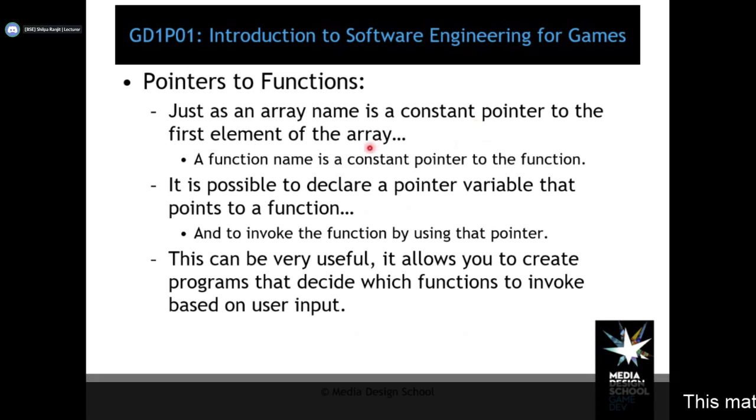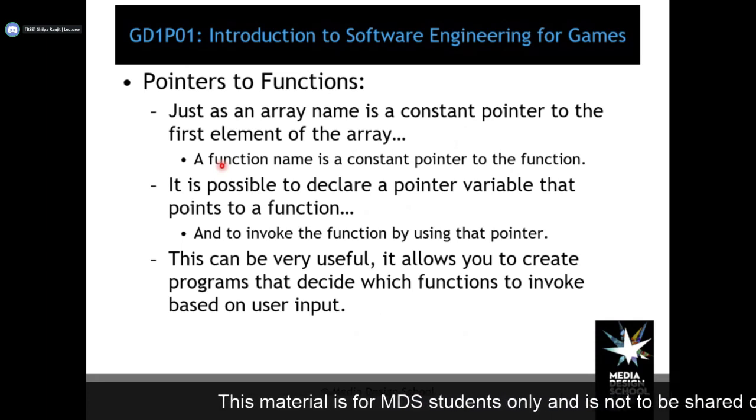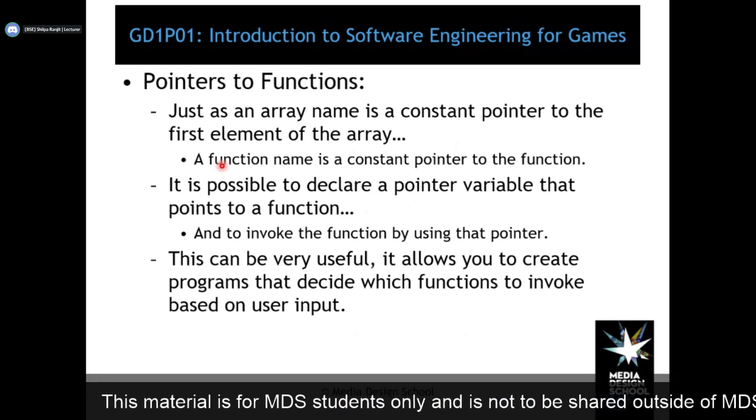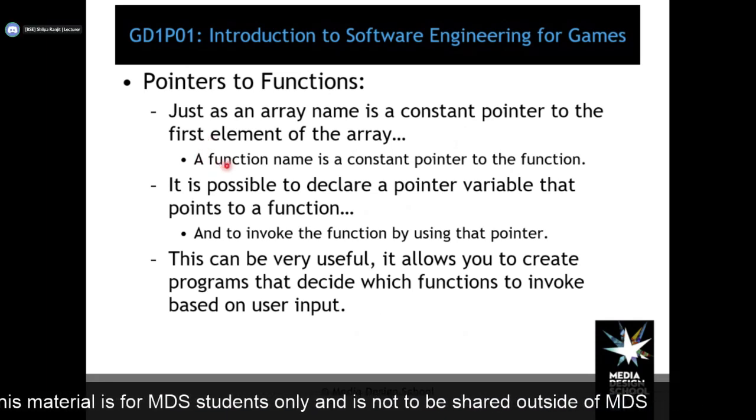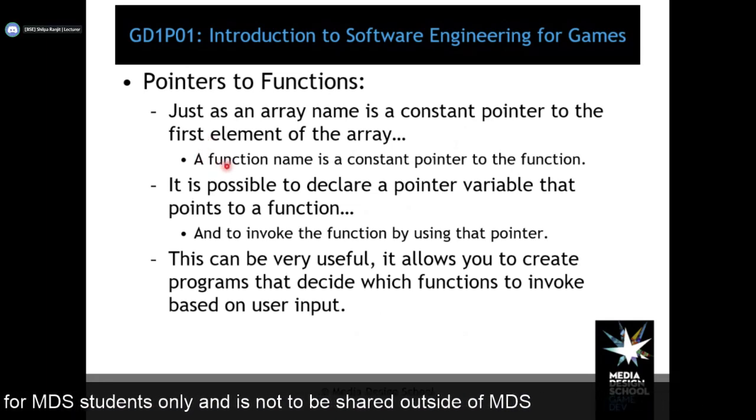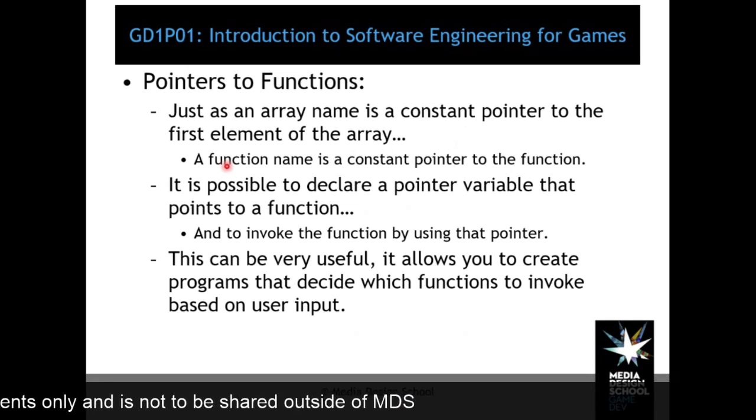Similarly, if you use a function name, it implicitly means you are referring to the address of the function. So even in the case of a function name, you wouldn't need to specify an ampersand. You wouldn't need to say address of the function. You can just say the function name.